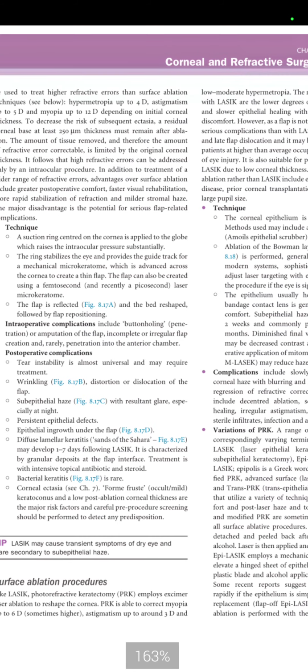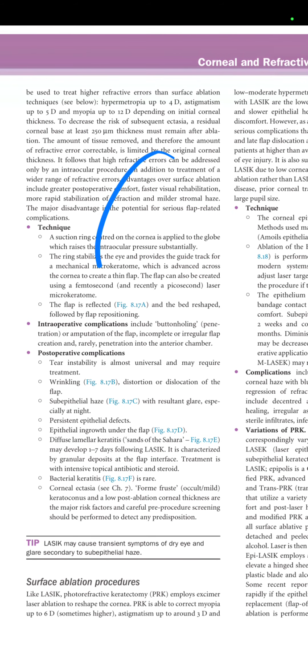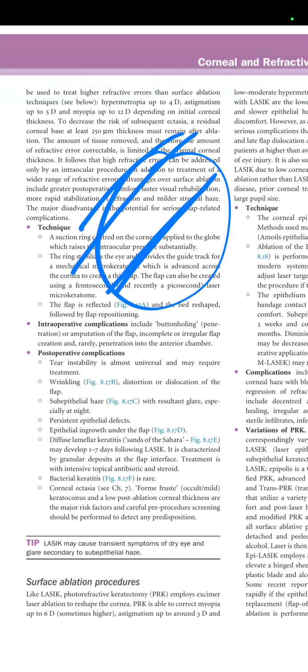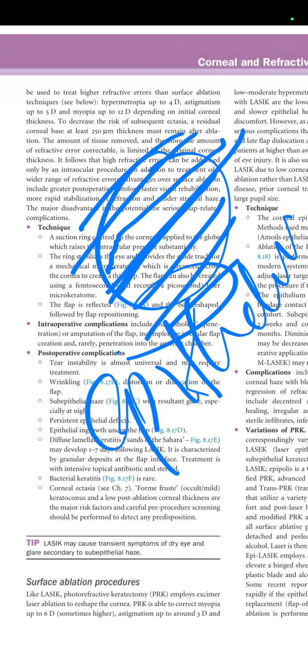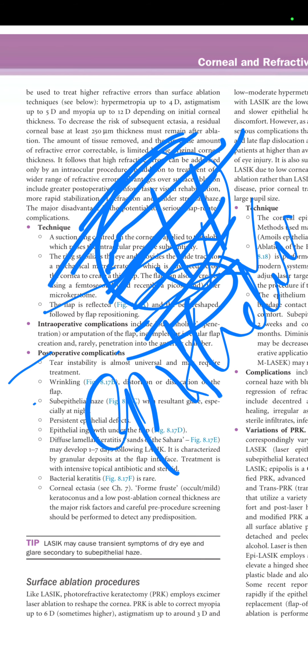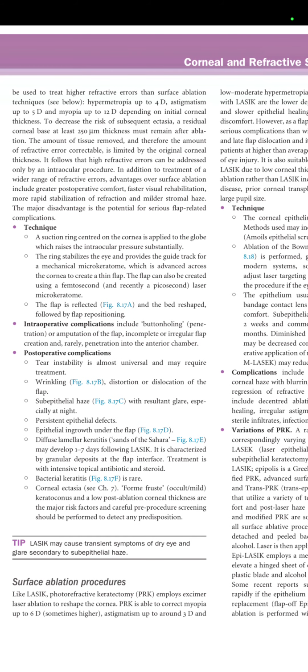You do not create any flap. You just debride the epithelium altogether, put the laser onto the cornea, and then you place the BCL after that. So there is no flap creation, and the patient is very uncomfortable post refractive procedure.